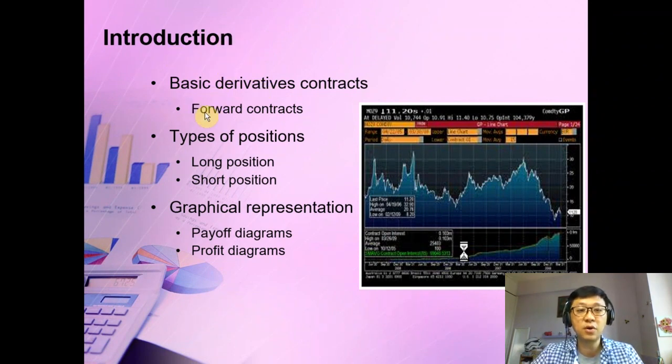We'll run through the forward contract, some of the basic stuff, and we will be looking more deeply into the long position and the short position, right? As well as how to draw a payoff chart. This payoff chart usually comes out in the exam, so pay attention to this part on how to draw it. It's not that difficult anyway.